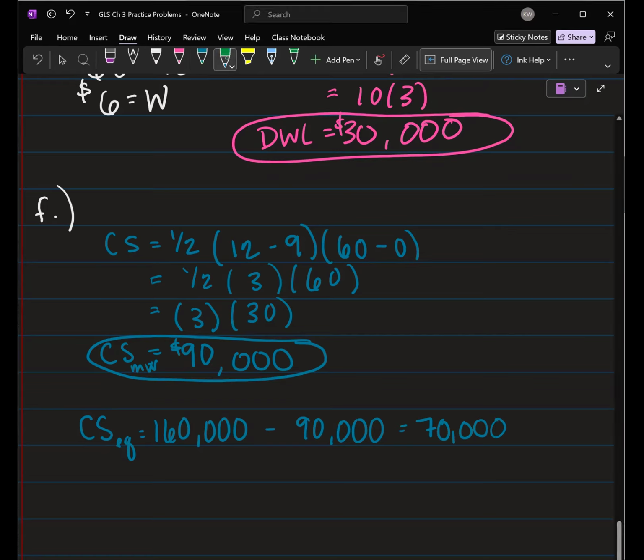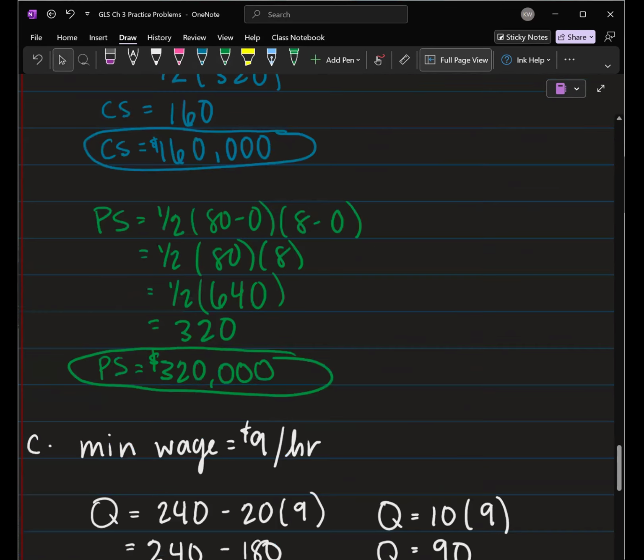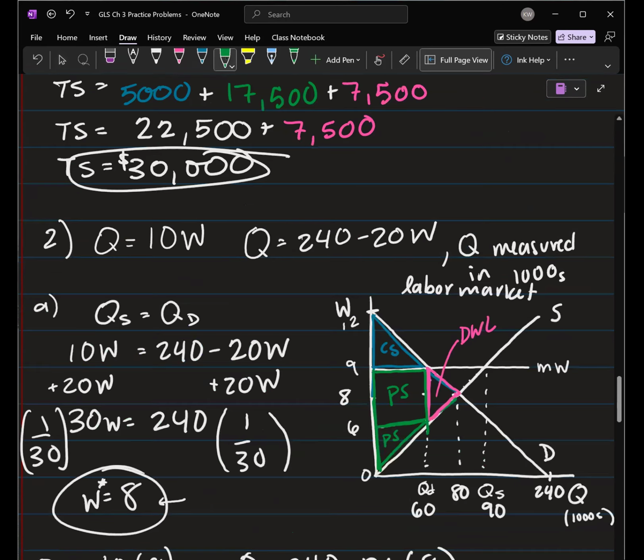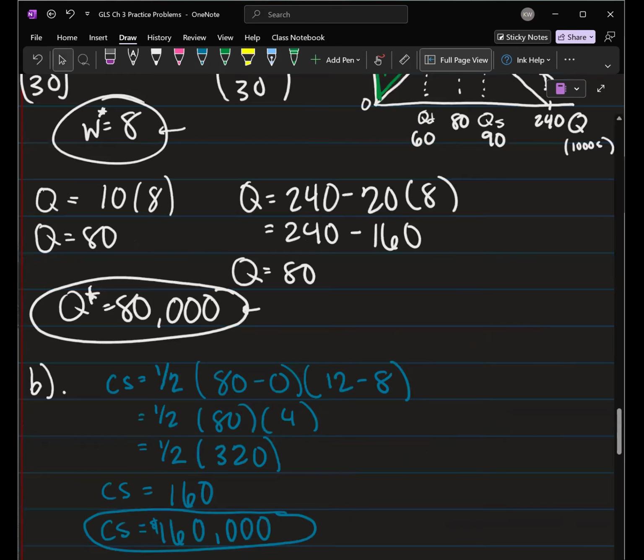So let's see how producer surplus changes under our minimum wage. Again, it's going to be the sum of the area of the triangle and the area of the rectangle. So let's find the area of the triangle first. We'll have 1/2 times (6 minus 0) times (60 minus 0).